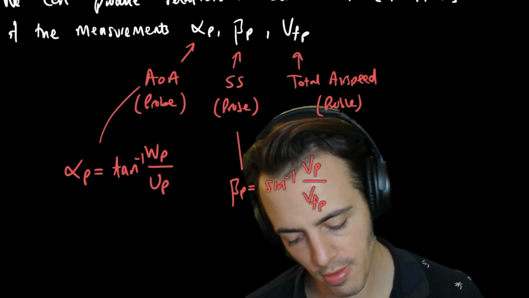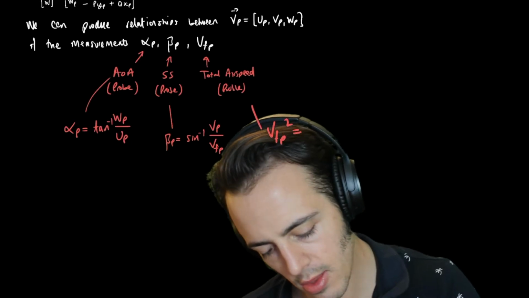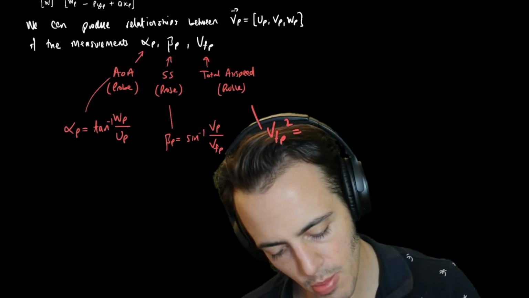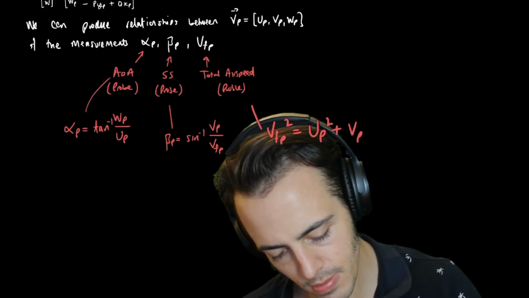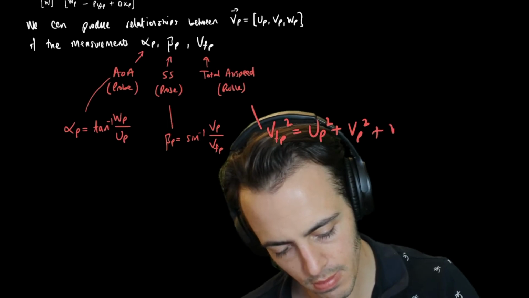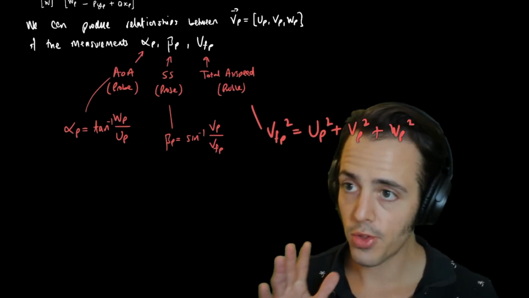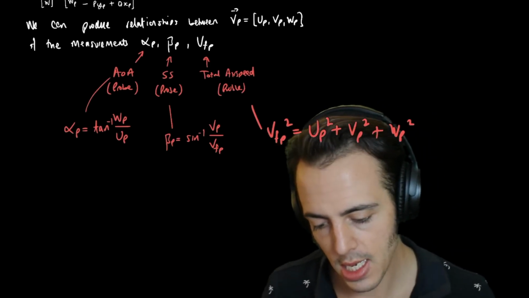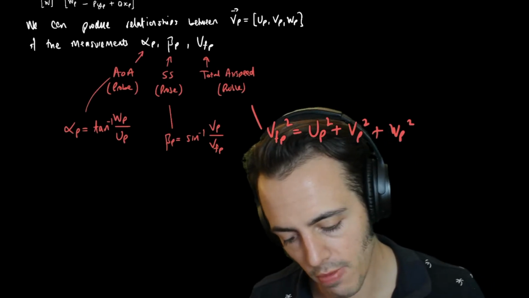And the other relationship that's going to help us is that VFP is just the vector sum of UP, VP, and WP. So we want expressions for UP, VP, and WP in terms of the things we've got.